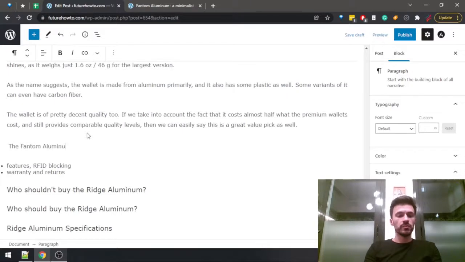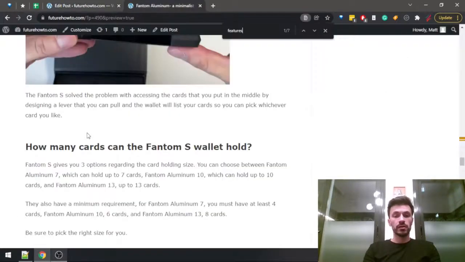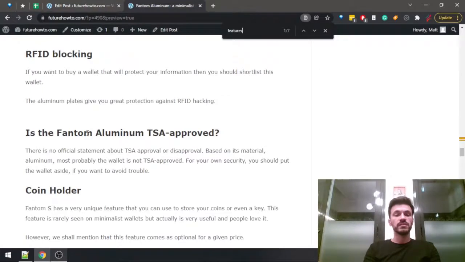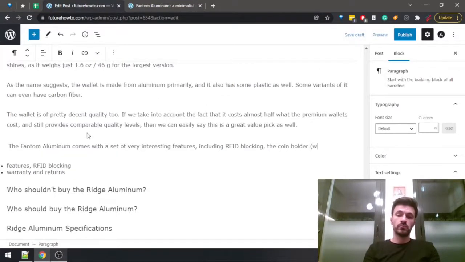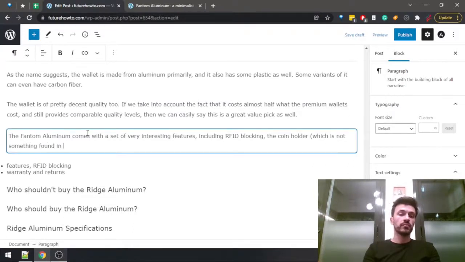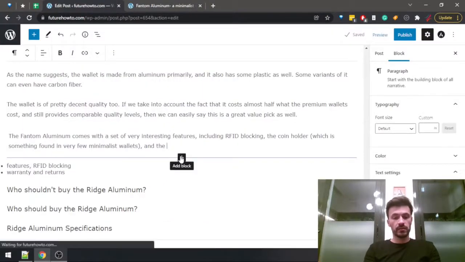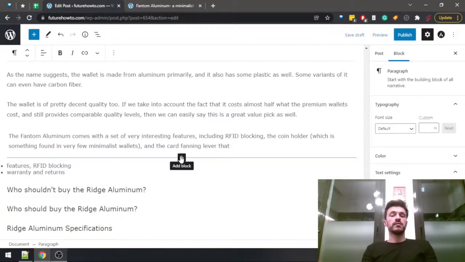The Phantom aluminum comes with a set of very interesting features, including RFID blocking, the coin holder, which is something found in very few minimalist wallets, and the card fanning lever that simplifies card access greatly.